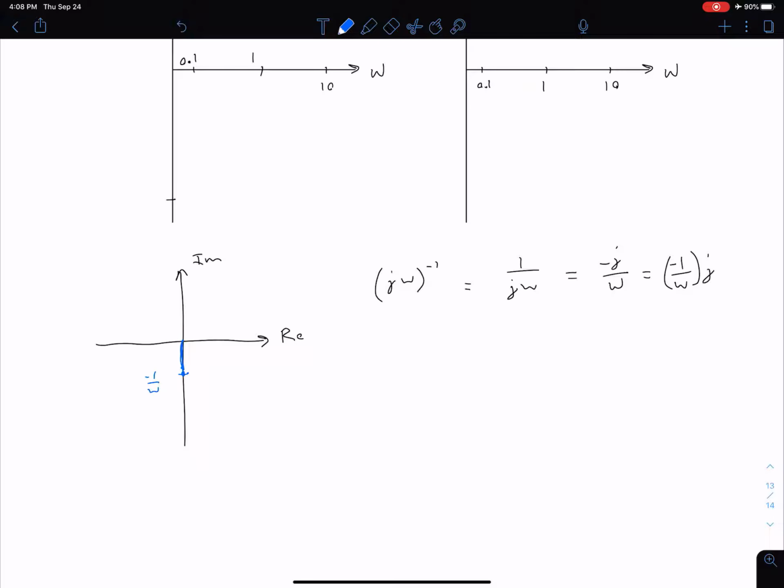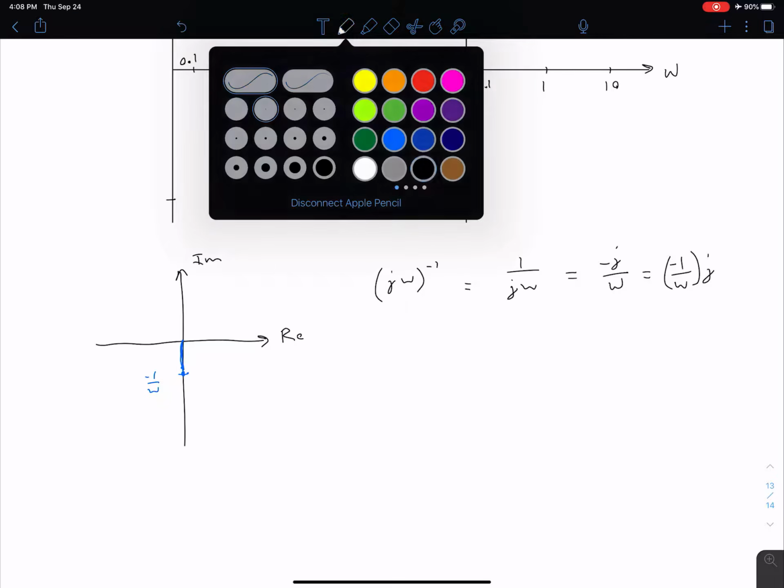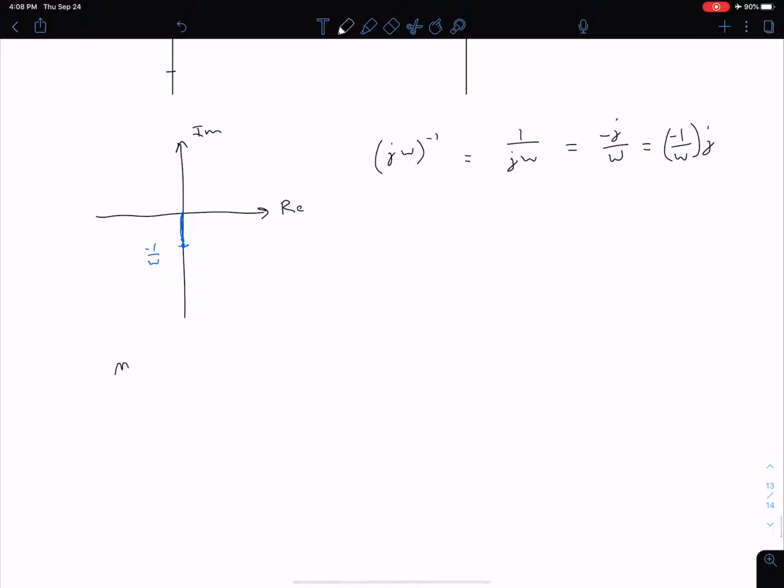Okay, so let's talk about that magnitude then. Let's take this one step at a time here. So we say 20 log of the absolute value of this magnitude, which we can see is going to be 1 over omega.